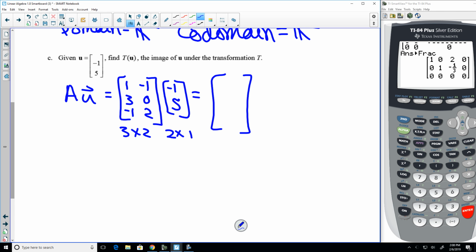So the first entry will be the first row of A dot product with this vector u. So it's going to be negative 1, negative 5, so it'll be negative 6 when you add them together.